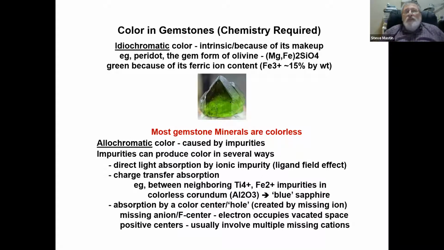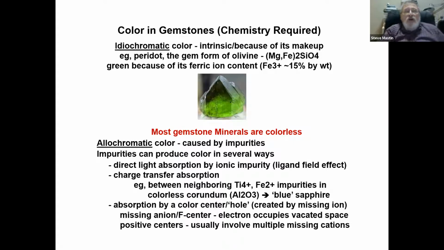But most gemstone minerals are actually colorless. If they're really pure, they don't have any color at all. And so the colored gemstones that are formed from those minerals are called allochromatic colored, because the color is caused by impurities that are trapped in the crystal as it grows.